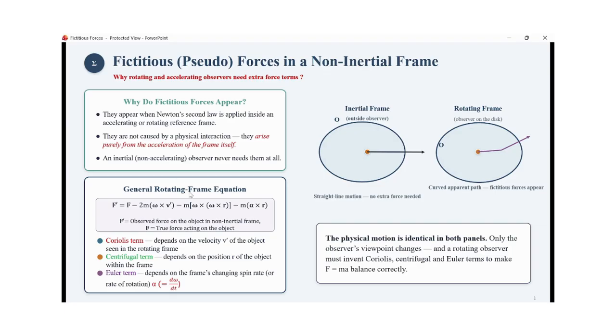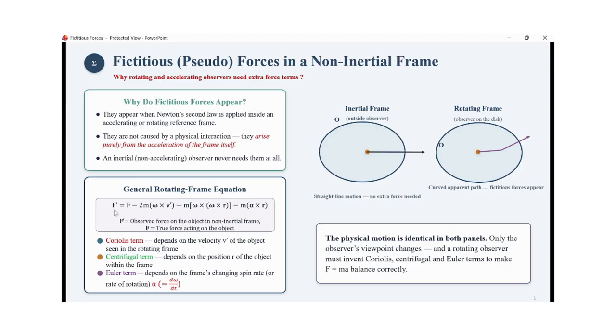Now, this is the general force equation for an object being observed from a rotating reference frame. As we have already said, a frame of reference having linear acceleration, or a frame that is rotating, is an example of a non-inertial frame.